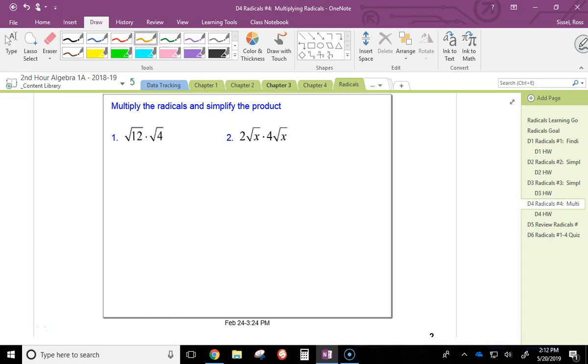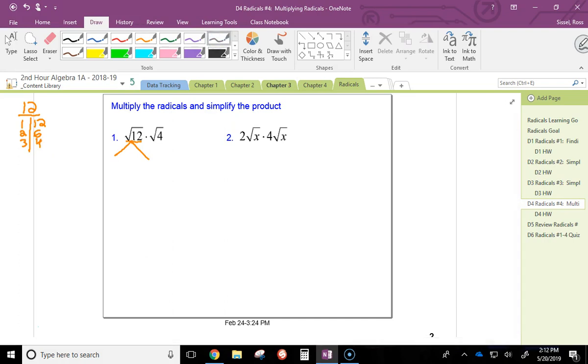Or I can simplify things before I start multiplying, just like with fractions. We like to simplify fractions before we work with them, so we don't get larger numbers. I'm going to do just the square root of 12. Well, when you did 12, we got 1 and 12, 2 and 6, 3 and 4, and that's it.